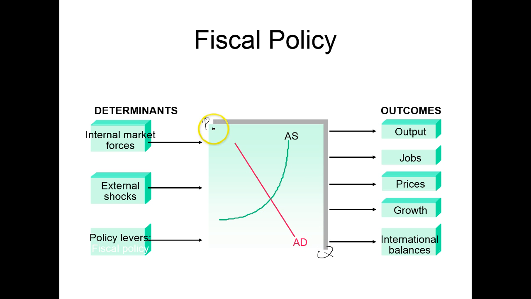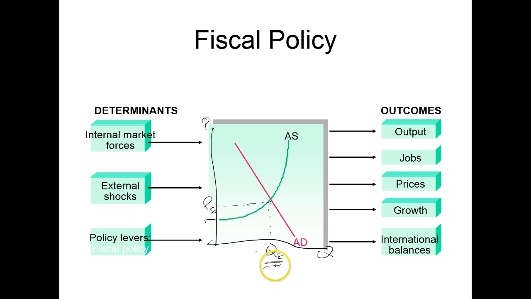Then we have a nice line that goes like this, a nice little axis that goes like this. And you can see that at this state of the economy, it's producing this much output, and its price level is this right here. Now, these are what we call economic outcomes. This is the inflation rate, and this is the level of output, or real GDP.